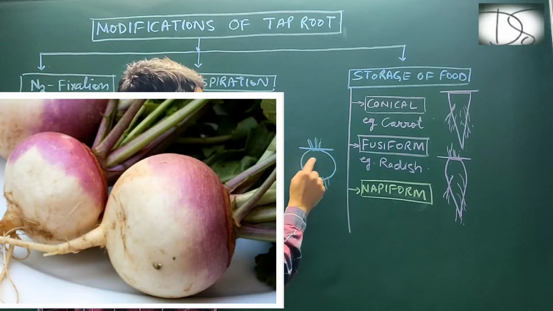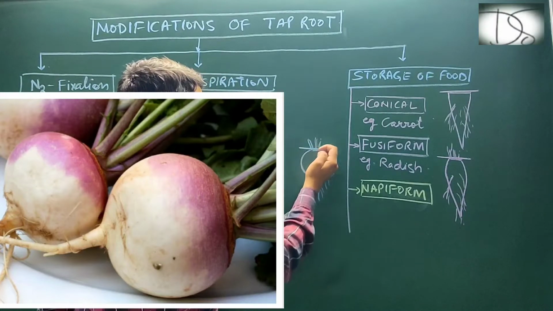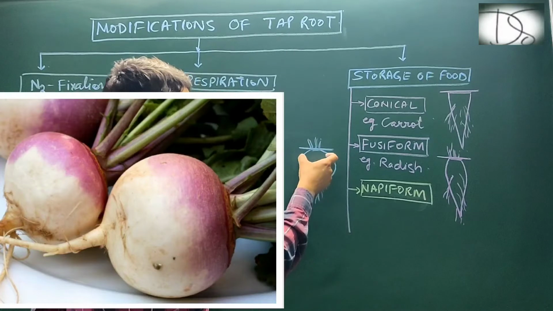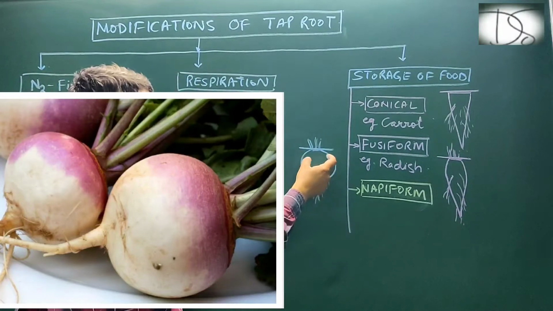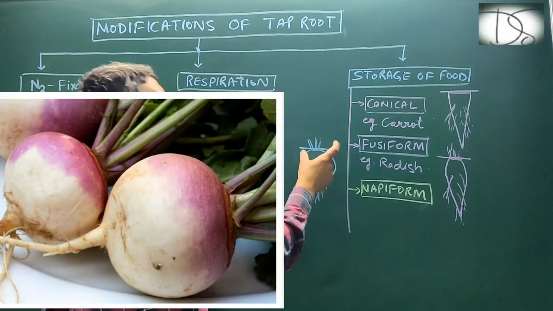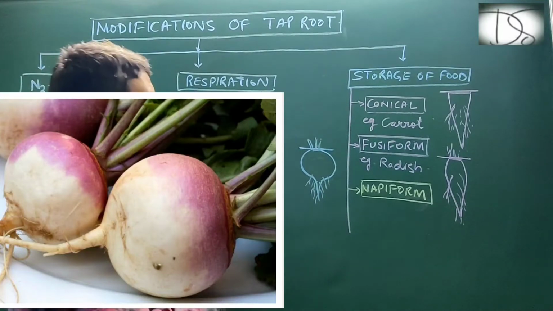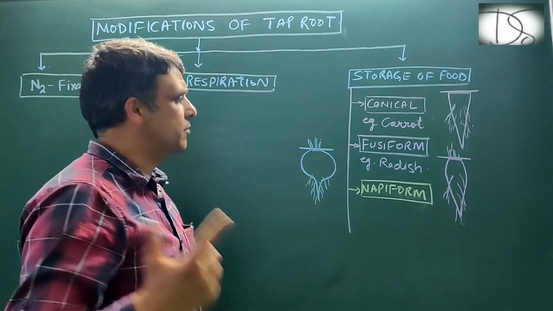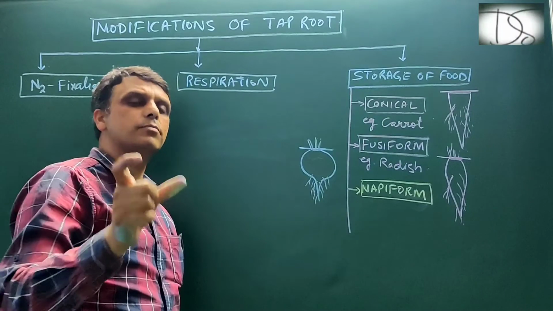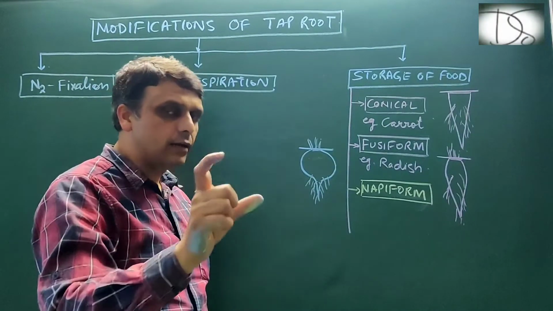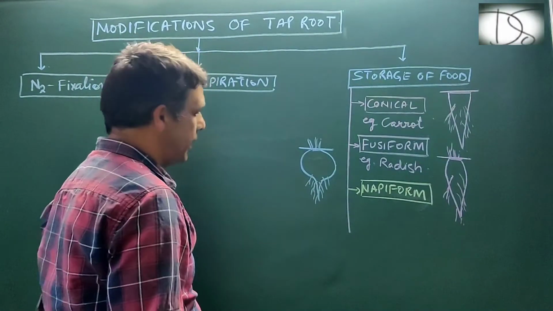These secondary and tertiary roots are not present in this hypocotyl region of the root, and obviously this food has been stored here in this region, which actually was the part of hypocotyl of the embryo. And as earlier we have talked about, hypocotyl is the region present between the cotyledons and the radicle of the embryo.